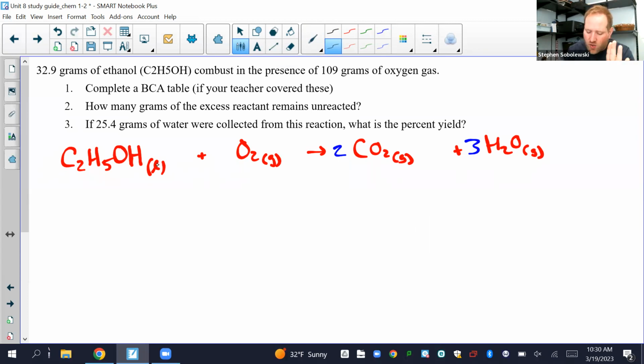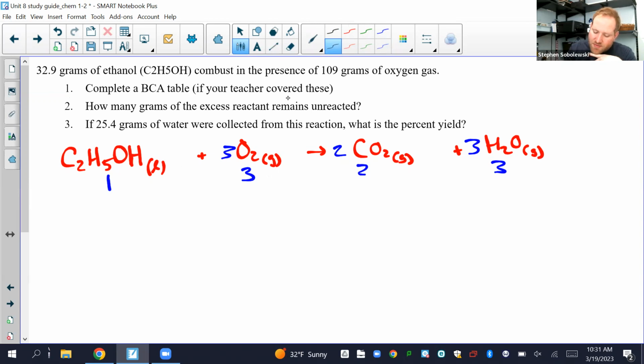Let's leave this as a 1 and think how many more I need. Well, I need 7. By leaving that as a 1, I need 6 more. So if I put a 3 there, I'm good. 7 oxygens, 2 carbons, 6 hydrogens, giving us a 1, 3, 2, 3 mole ratio. Okay.